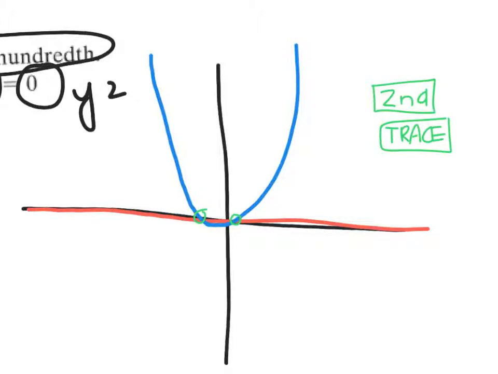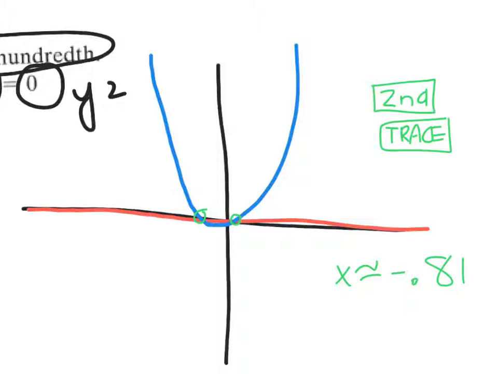So second, trace, intersect. And you want to move your blinking cursor to over here, and you press enter 3 times. So you don't have to be exactly right on it, but you need to be pretty close. So 1, 2, 3, and it's -0.81. So x is approximately -0.81.